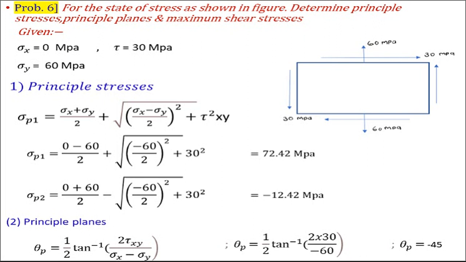So theta p is equal to 1/2 tan inverse of 2 into 30, tau xy value is 30, divided by sigma x minus sigma y, meaning minus 60. So after calculation, we'll get the theta p value minus 45. Do the calculation on your own also and check this value by physically doing the calculations.